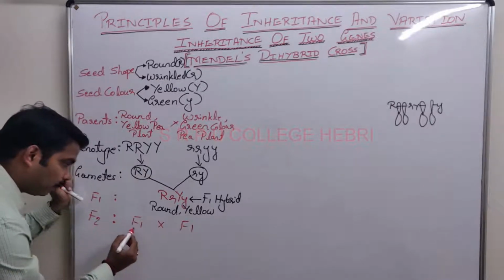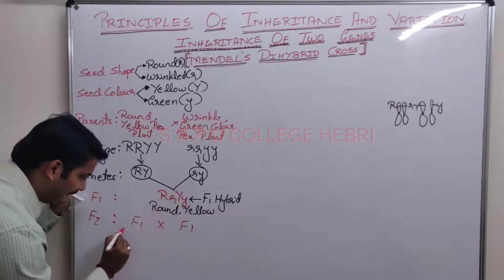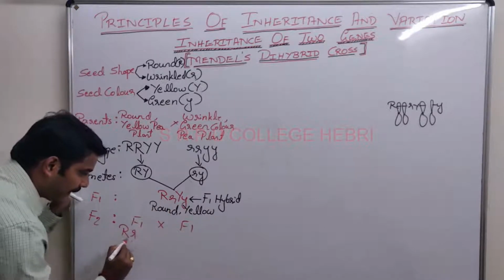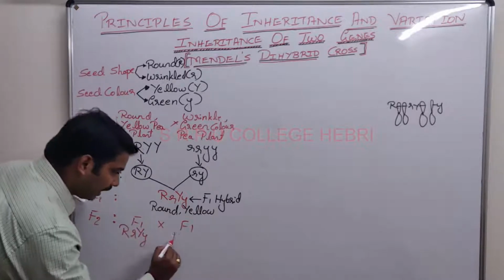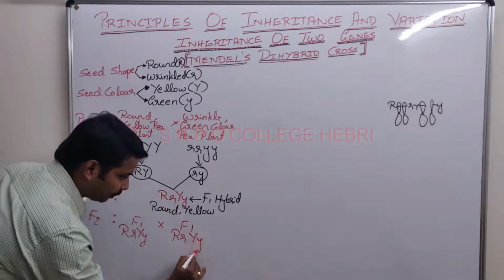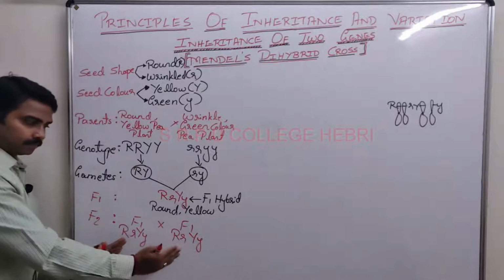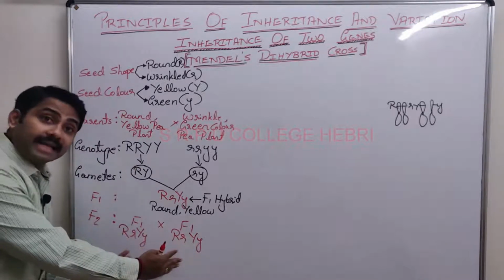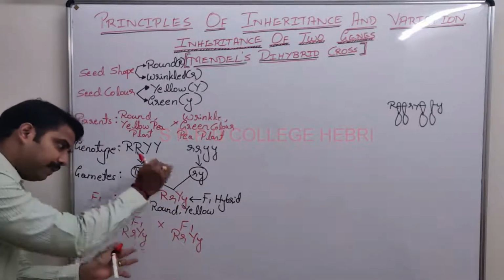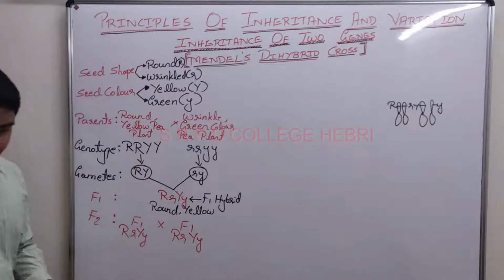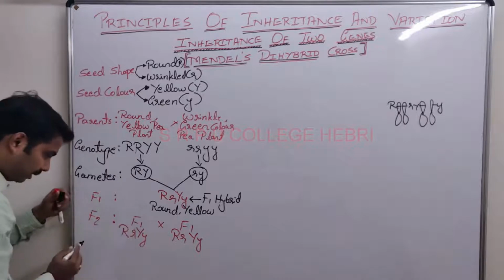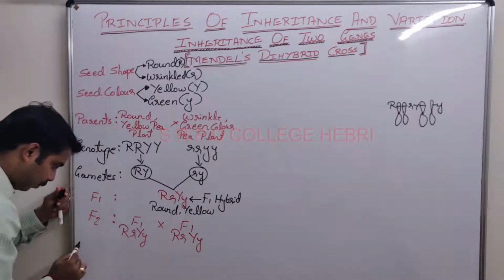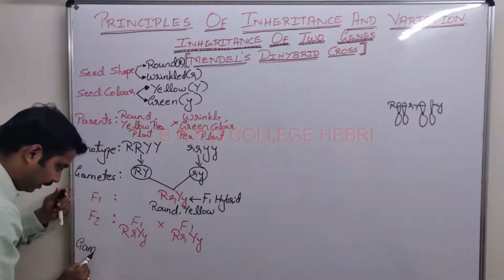You already know the genotype of the F1 plant. What is the genotype? Capital R small r, capital Y small y. A bisexual flower will be self-pollinated. Now, the first step during pollination and fertilization is formation of gametes.